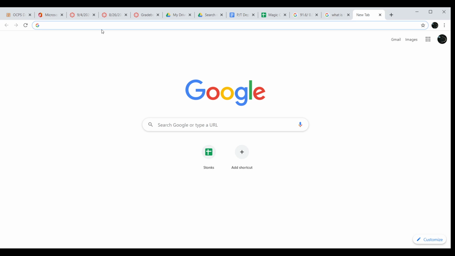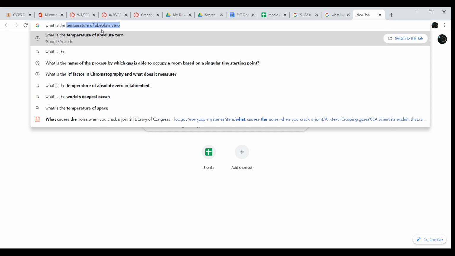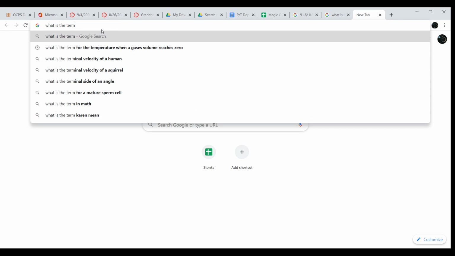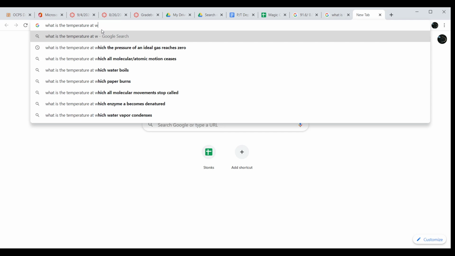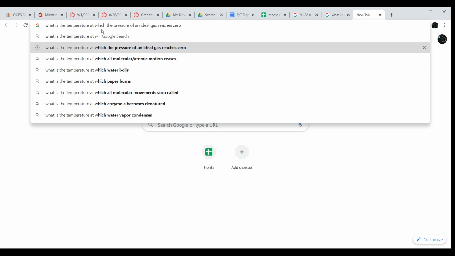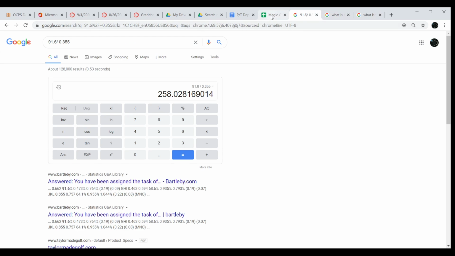But I figured that most people would ask, what is the temperature at which the pressure of an ideal gas reaches zero? And it's going to say absolute zero. And in this case, it's negative 273.15.